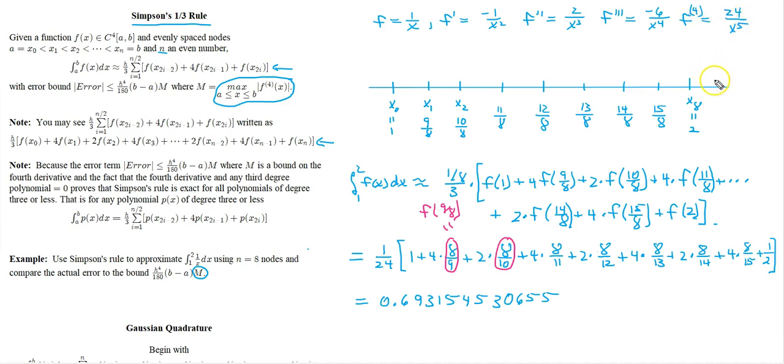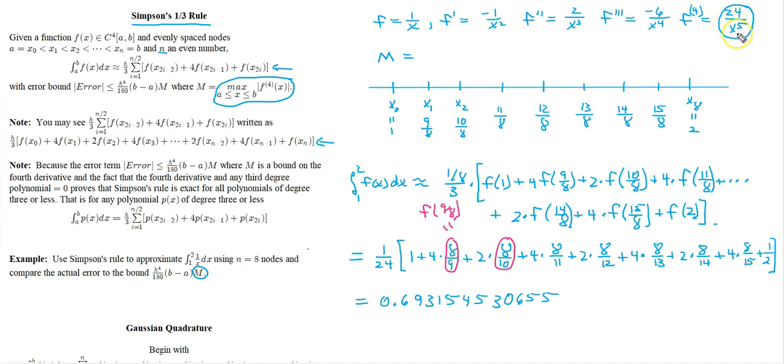Alright, so our fourth derivative being 24 over x to the fifth, what that means then is for our m, we have to find out where this has a maximum value between 1 and 2. To make this as large as possible, the 24 over x to the fifth, we want to make the denominator as small as possible.